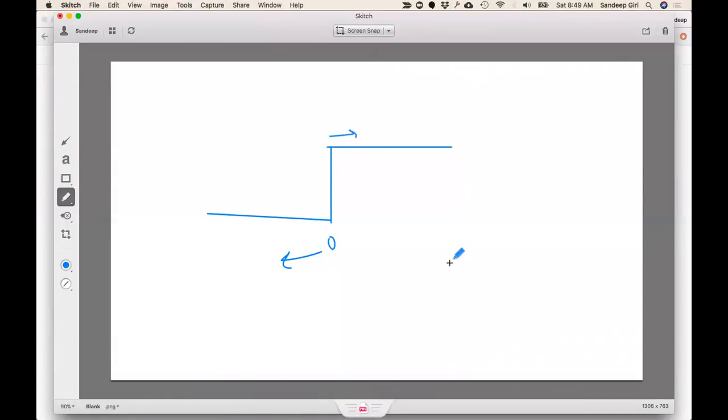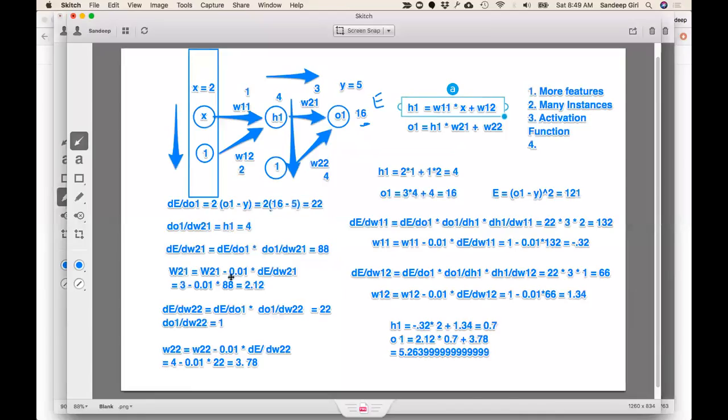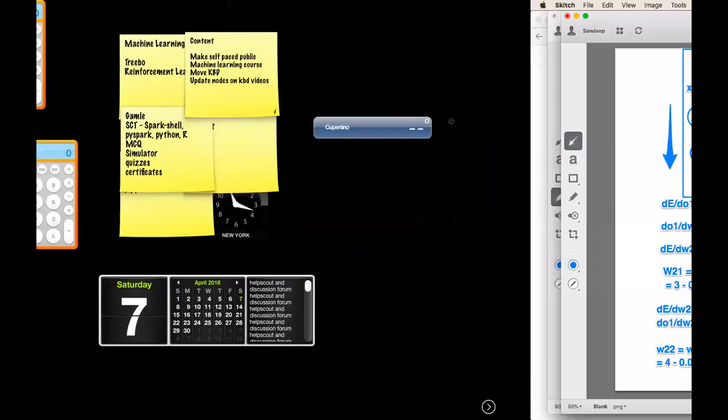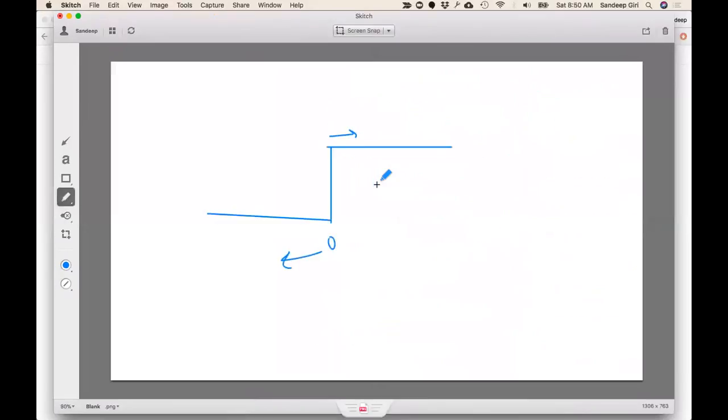Whenever we finished the value here, the output here, h1, we would apply this step function. So that seemed to work like the neuron, because neurons actually fire a signal, and therefore the decimal value was converted into 0 or 1.